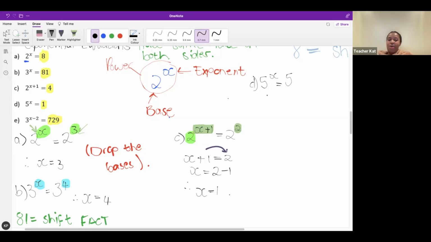Anything to the power of 0 is 1. So as soon as you have a 1 on your right-hand side, that means your exponent is 0. Nicely, Nonta. So therefore, x is equal to 0.